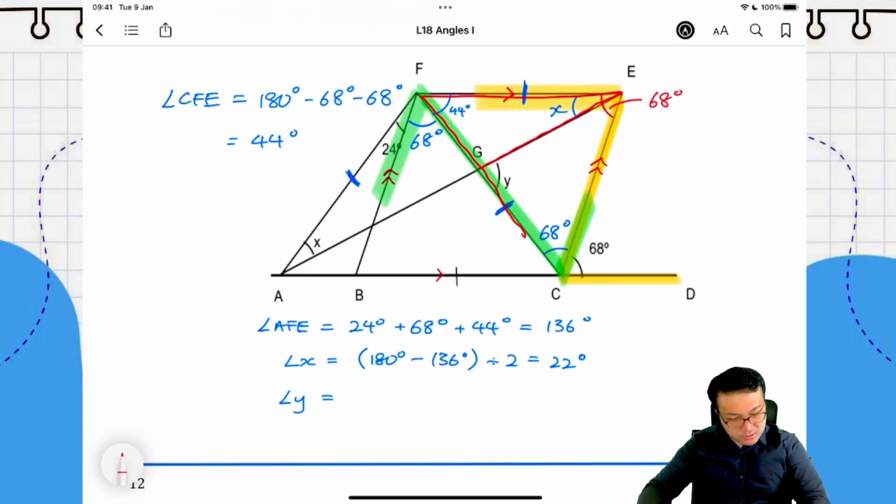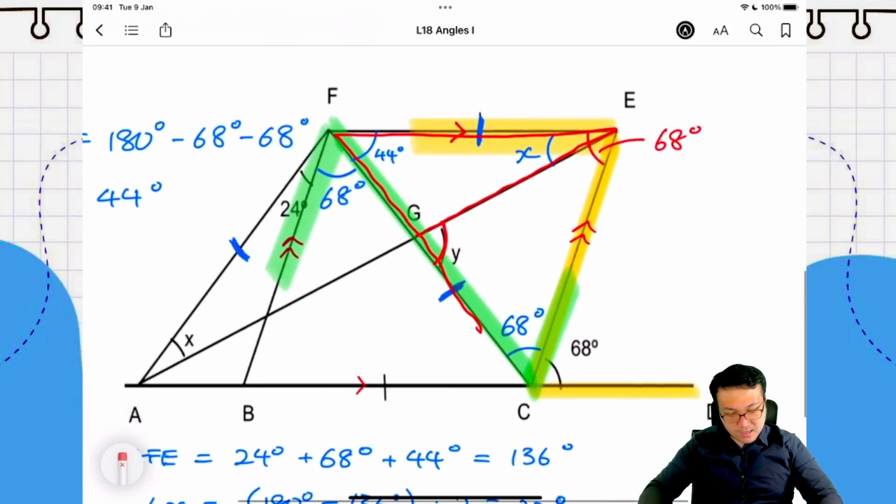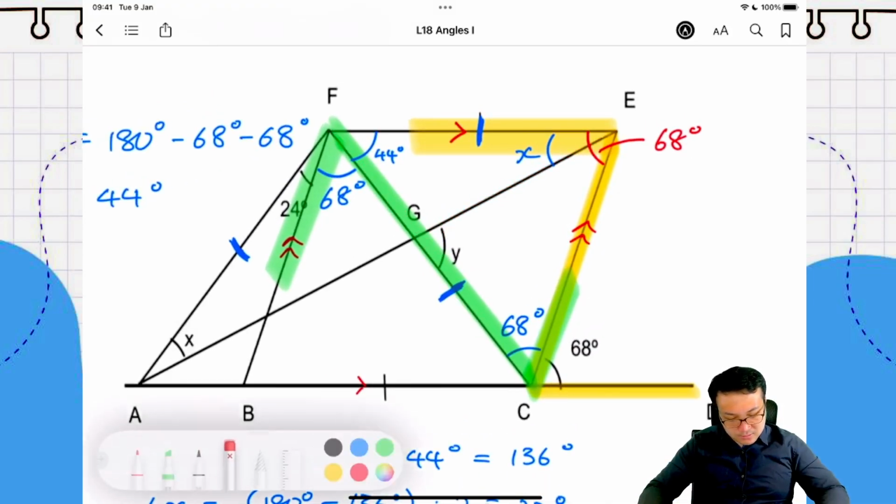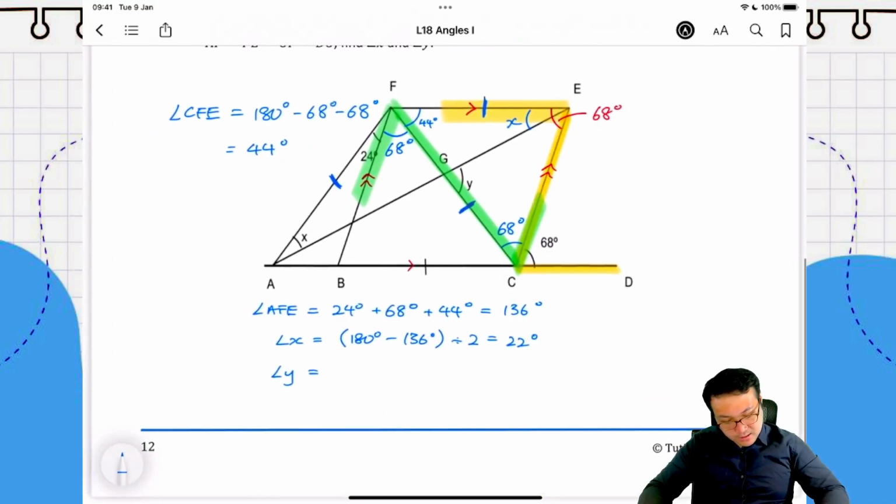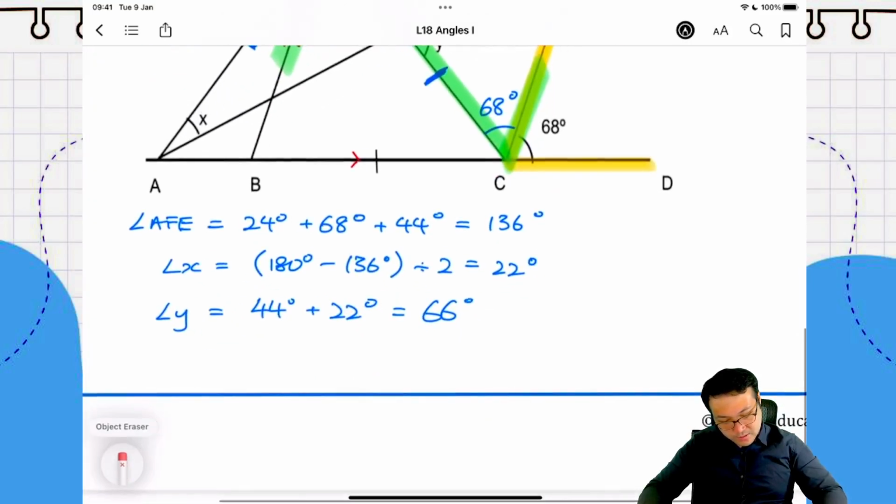If you look at this triangle, do you notice that angle Y is outside the triangle? Can you see? So angle Y equals this plus this, correct or not? So angle Y equals 44 plus what? 22. Yes. So we will immediately write it down. 44 plus 22. And we get our answer.